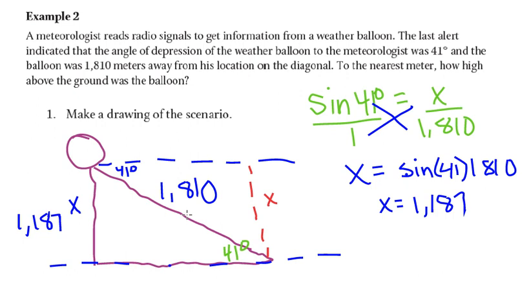And, oh, there is one other way to do this. Technically, you know that this here is going to form a right angle since these are parallels. So if you know that this is 41, you know that this is 49. So you could have also done the cosine of 49 is equal to the adjacent x over the hypotenuse. So again, just a couple different ways to address that question.